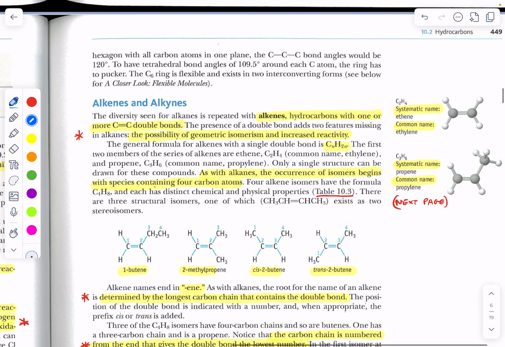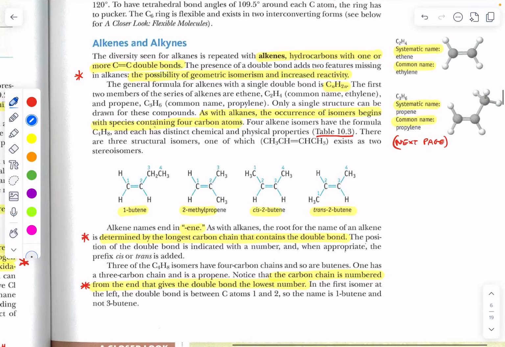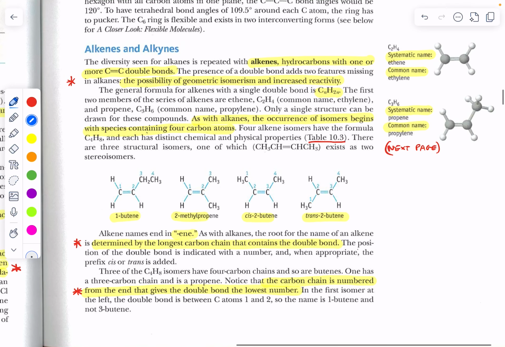Now, continuing on, talking about alkenes and alkynes. Before we do that, I should mention that if you do have, let's say, cyclohexane, not to be confused with benzene, you're going to have 2 hydrogens off of each carbon. So it would be C6H12. This is cyclopentane.